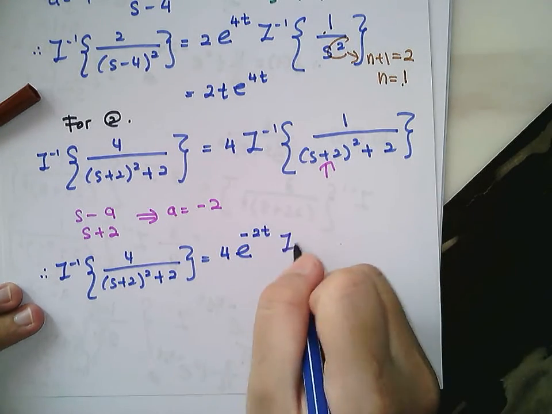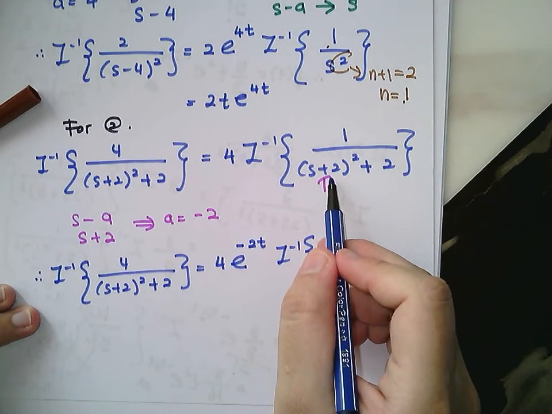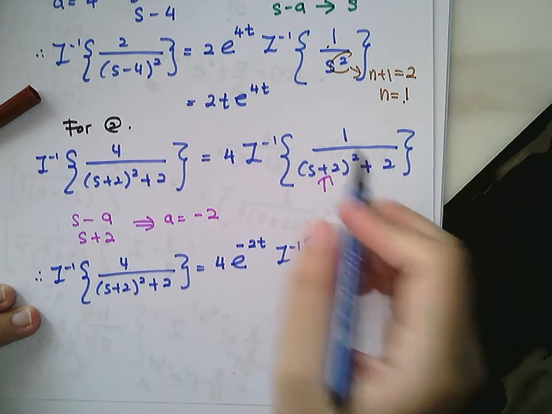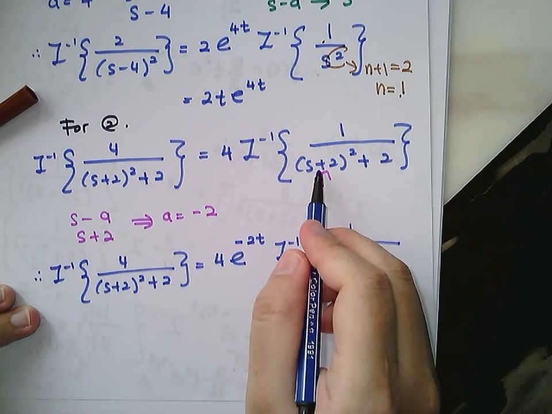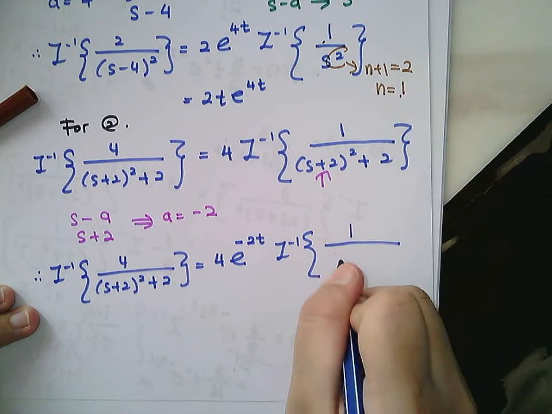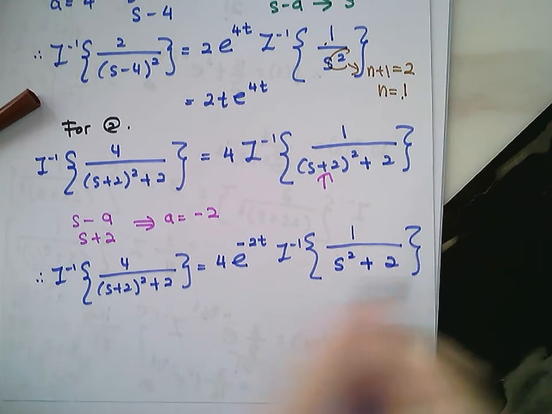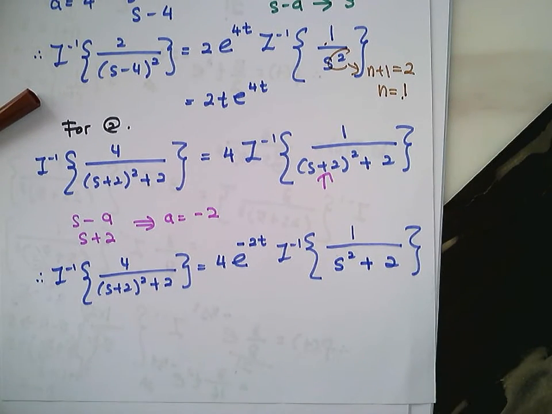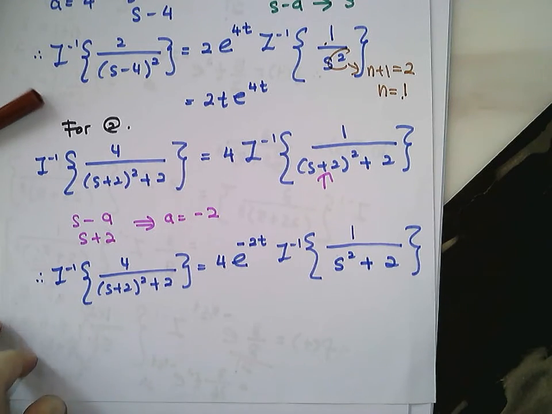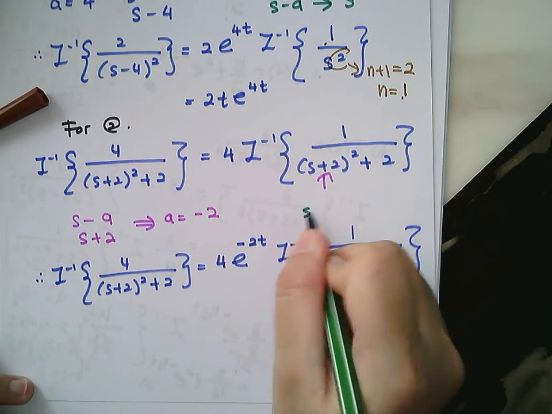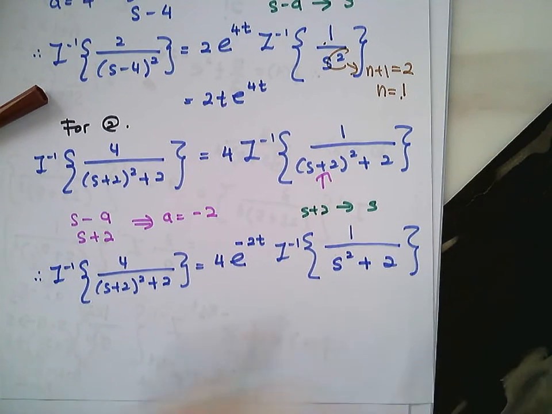So inverse of, now s minus a will be replaced by s. So this one is 1. So 1 over, this one is s plus 2. So you will have s squared plus 2. Okay, when you have the exponential term, so s minus a, s plus 2 needs to be replaced by s. So that's why you have s squared here.